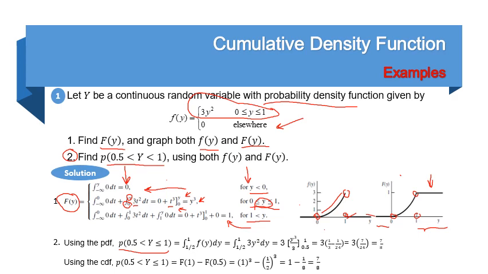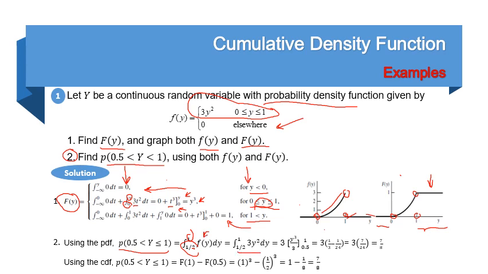If you write y between half and 1, with or without equal, all of them are the same. You just have to integrate from the first point, half, up to the last point, 1, the density function he gave you.